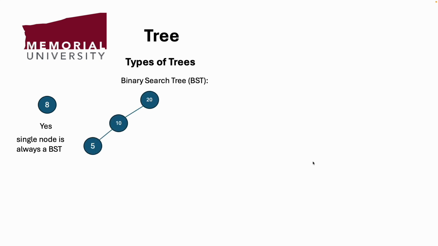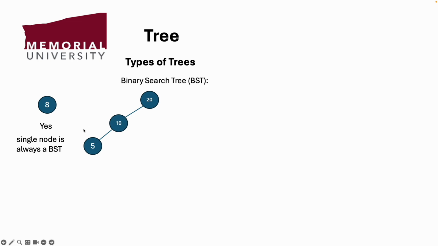Let's look at this example. We call it a crooked tree, a left crooked tree. In this case, the root node is 20, and it only has a left child.